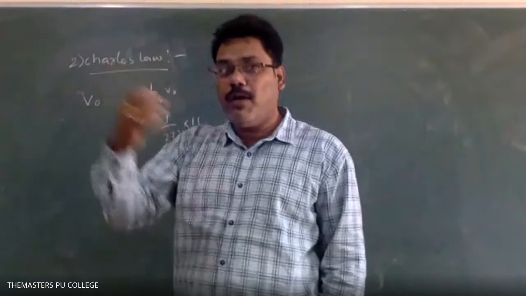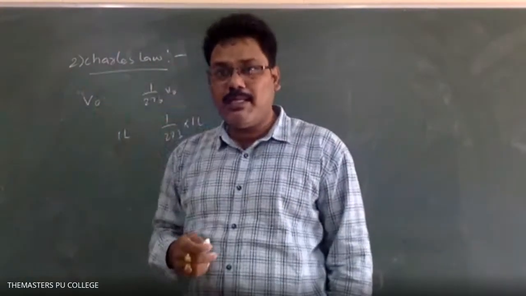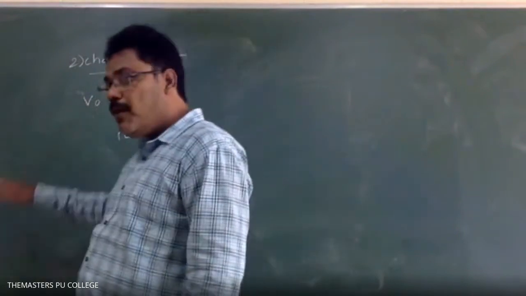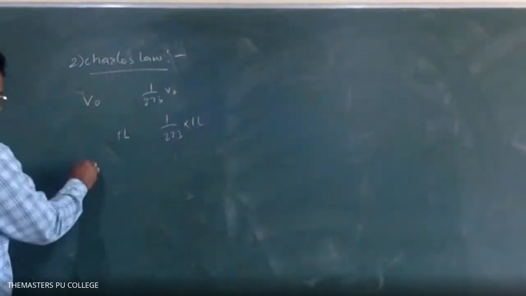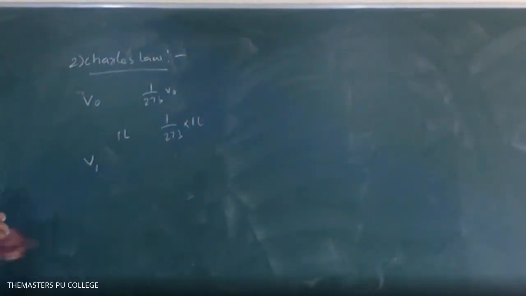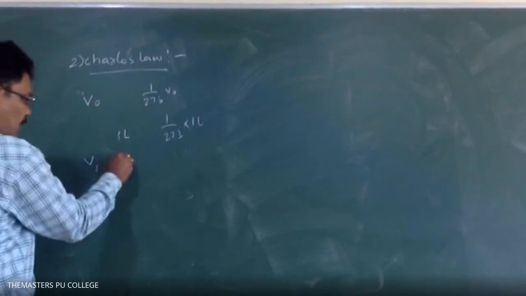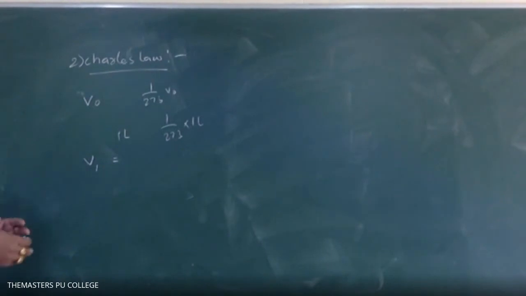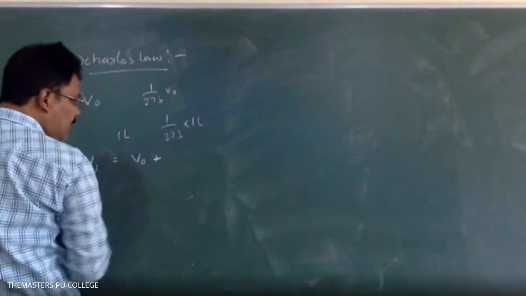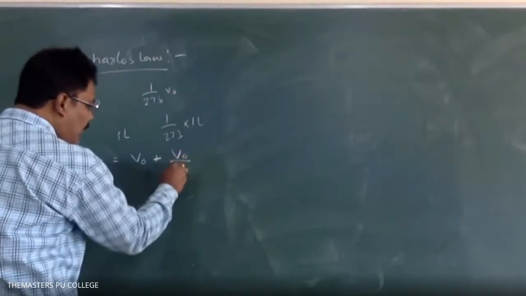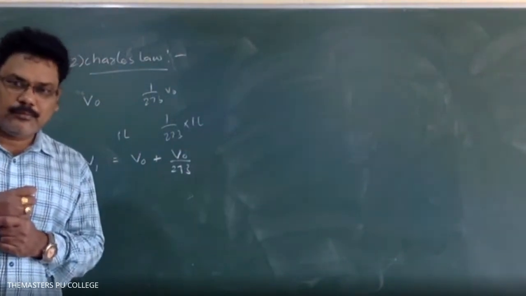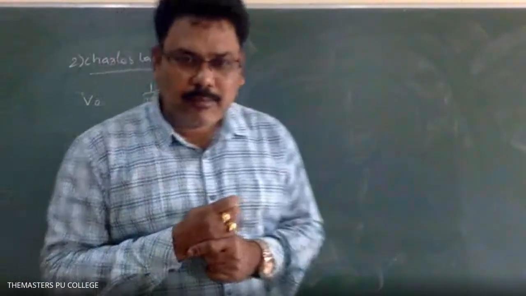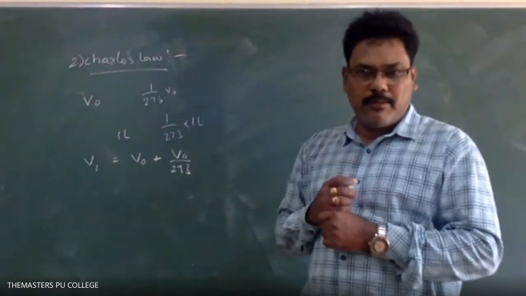The final volume after increasing 1 degree Celsius is initial volume plus increased volume, that is V1. So V1 is V0 plus V0 by 273.